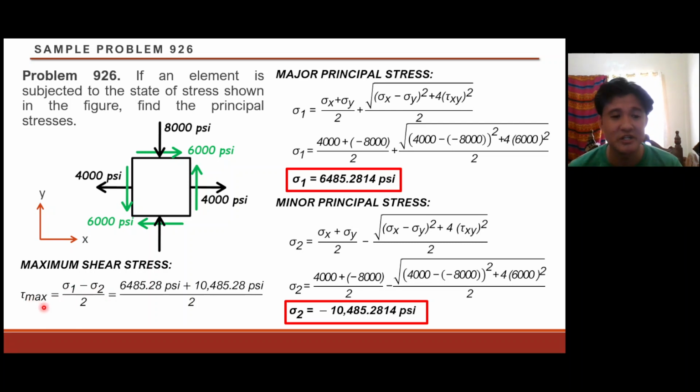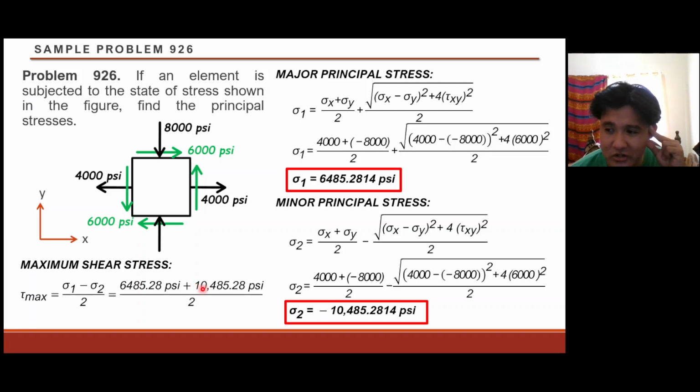So, maximum shear is equal to stress 1 minus stress 2 all over 2. Na yung major principal stress natin, that is 6,485.28 PSI minus negative 10,485.2814. Dahil nga negative yung original na sign natin, negative times negative, that would be positive. Okay? And then all over 2 lang.